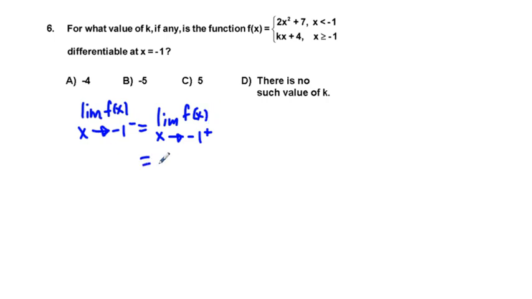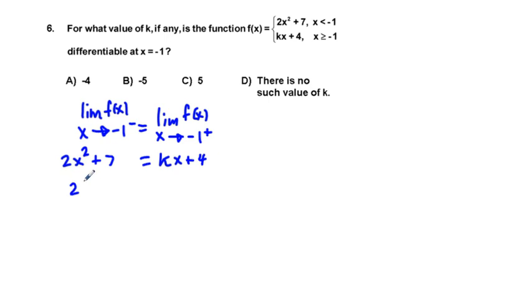For clarity's sake, I'll just write the equations without -1 put in. So we have 2x squared plus 7 on the left side. On the right side we have kx plus 4. And then we're going to go ahead and substitute -1.